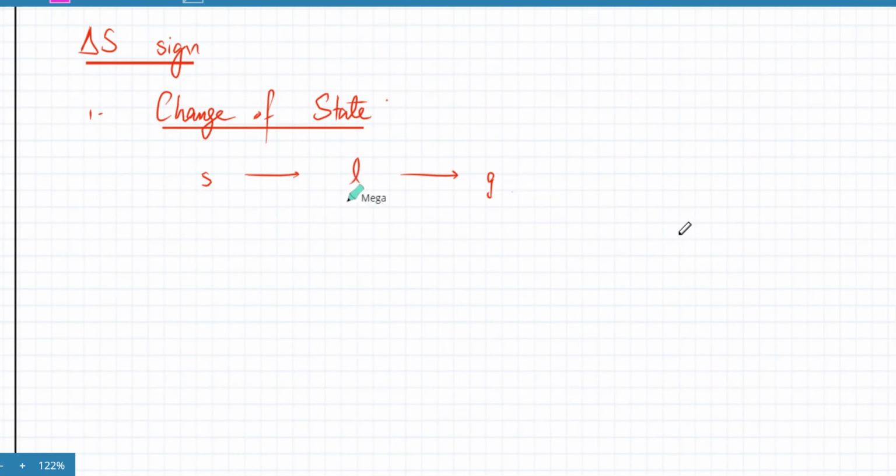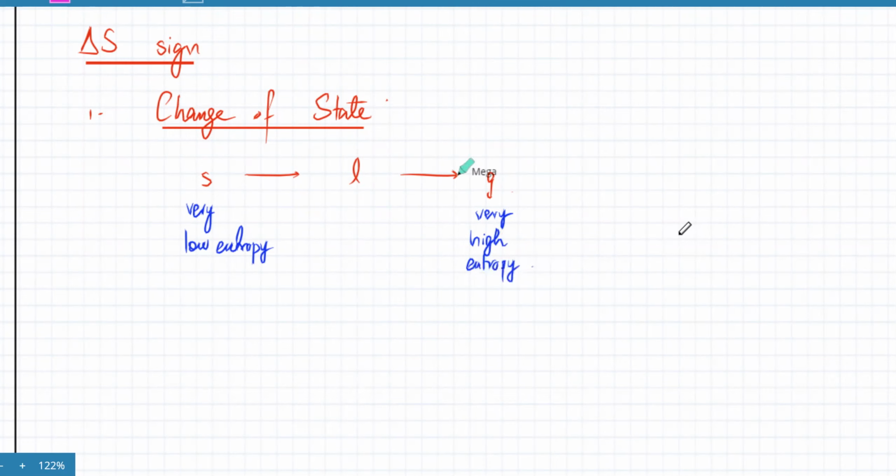So remember this: solids have very low disorder. They're very ordered, and gases are highly disordered. They have very high entropy, and liquids are in between.